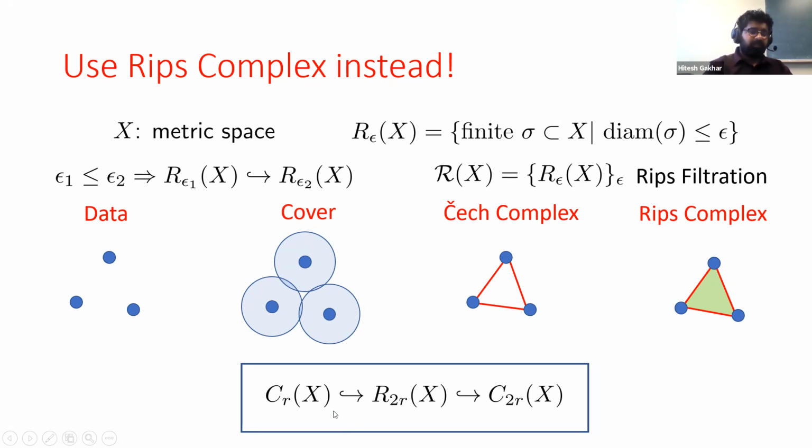So we saw that we essentially have this interleaving between Čech complexes and Rips complexes. That basically tells us that longer bars in one are also going to be longer bars in the other, and so on. So that allows us to replace Čech complexes by Rips complexes, without losing meaning.